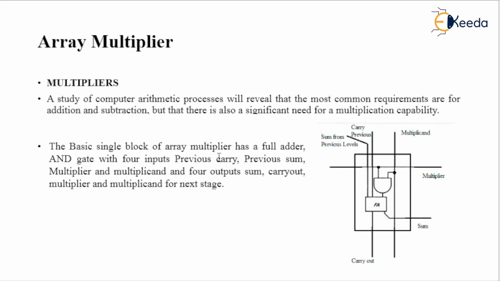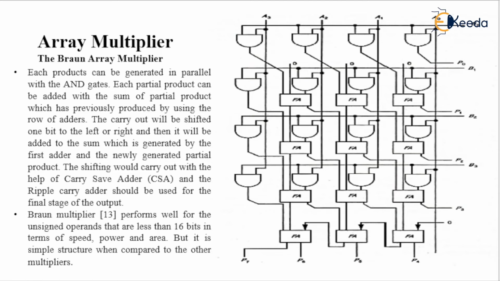When I am loading all these values, as I explained, a single block of array multiplication works like this: if I want to multiply the numbers 5 and 2, 5 into 2 is equal to 10. So we need to add 5 two times. Is it clear to you? Here 5 is the multiplicand and 2 is the multiplier.